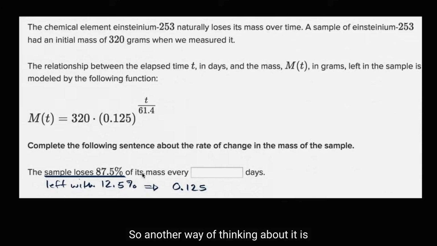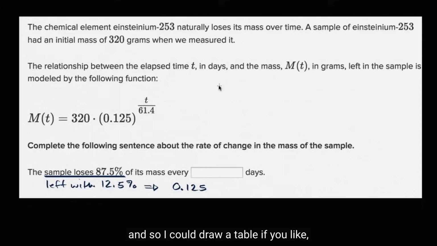So another way of thinking about it is, how long does it take for the sample to be 0.125 of its original mass? And there we could do a similar idea. You see the 0.125 right over here.